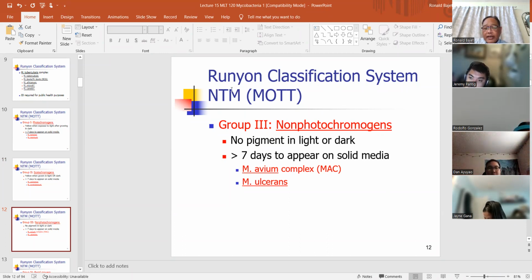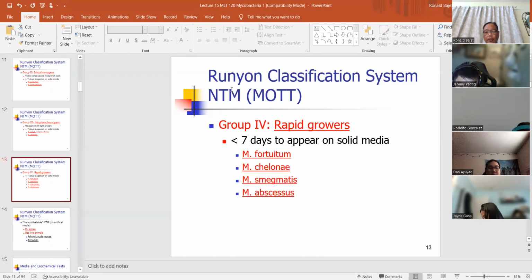This also takes more than 7 days to appear on solid medium, and there are two species: Mycobacterium avium complex, which is actually a complex of several organisms, and Mycobacterium ulcerans. So these will not turn yellow regardless of dark or light. That's group 3, greater than 7 days to appear. So the first three groups take more than a week before growth appears.